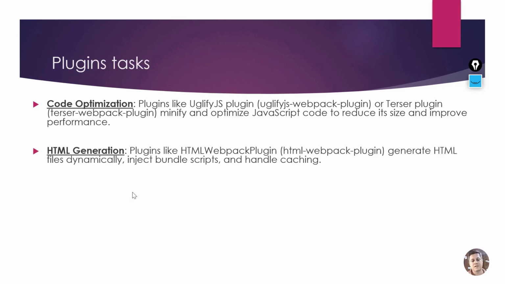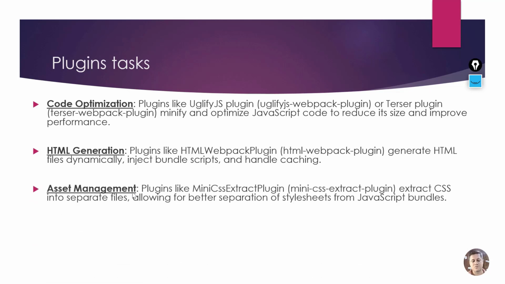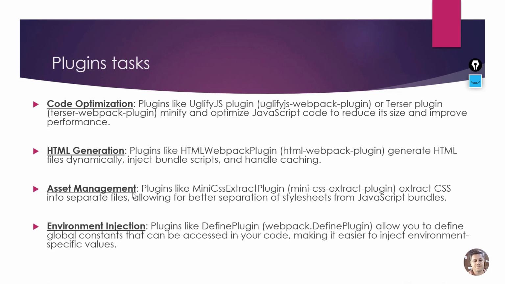If we want to generate the HTML, there is a plugin called HTML Webpack Plugin. Sorry, it will create the HTML code so that it will be understood by the browser. Asset management. CSS files are extracted into separate files, and for that you can use the Mini CSS Extract Plugin. For environment injection, you may want to use environment files like .env.